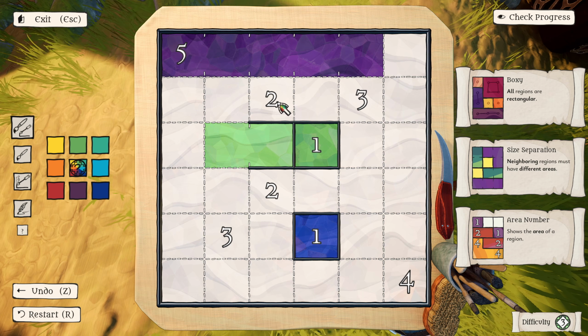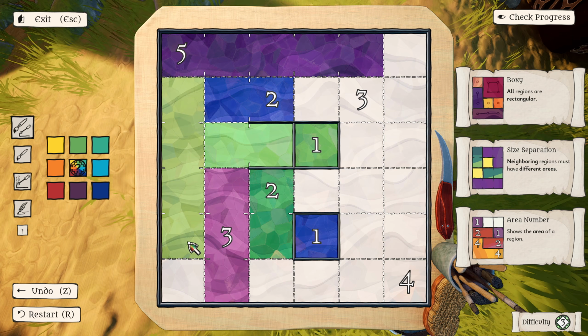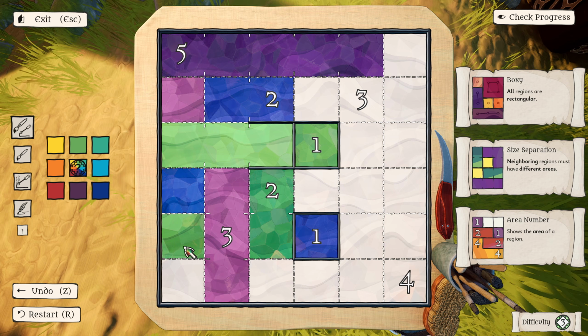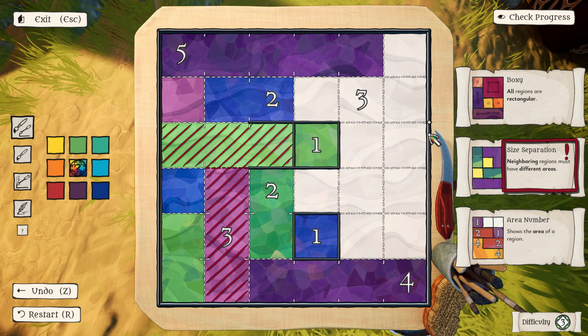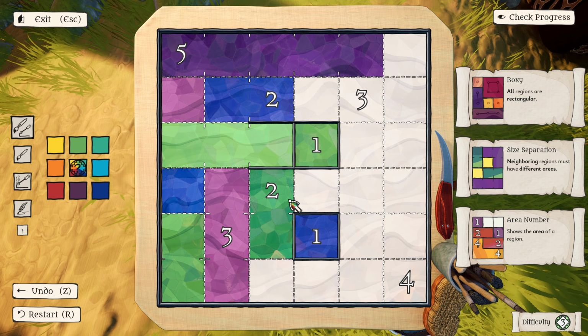Neighboring regions must have different areas. That's all valid so far. No, it's not. You missed one, buddy. You missed one.